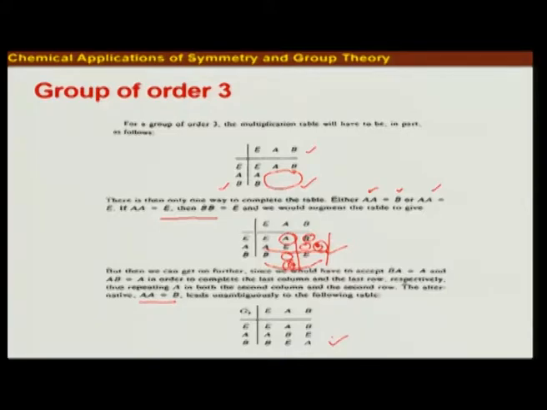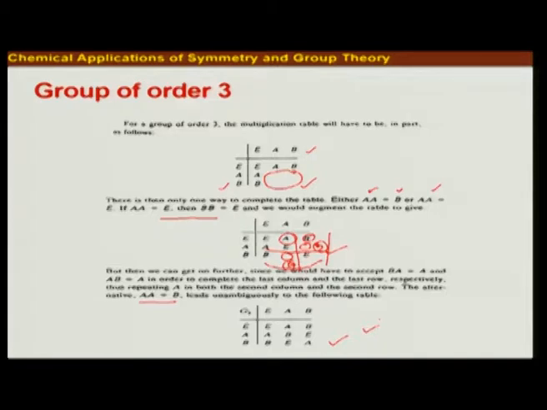Now, if you look at this particular multiplication table, you will see no two rows or no two columns are identical. That's for sure. And in a single column or single row, no two elements are repeated. So this exactly follows the notion of a group multiplication table.